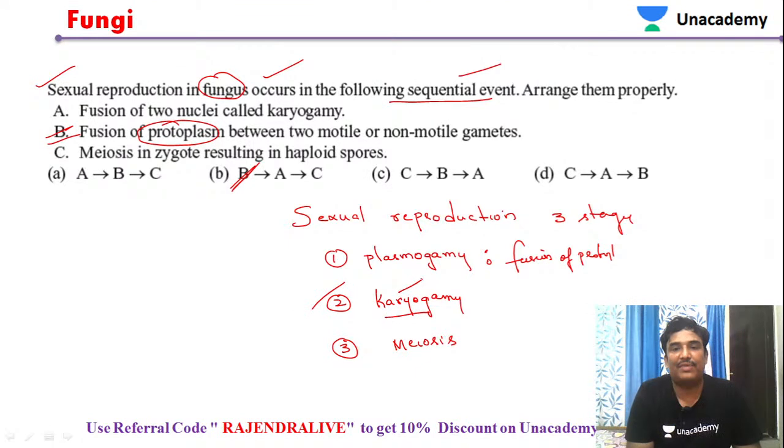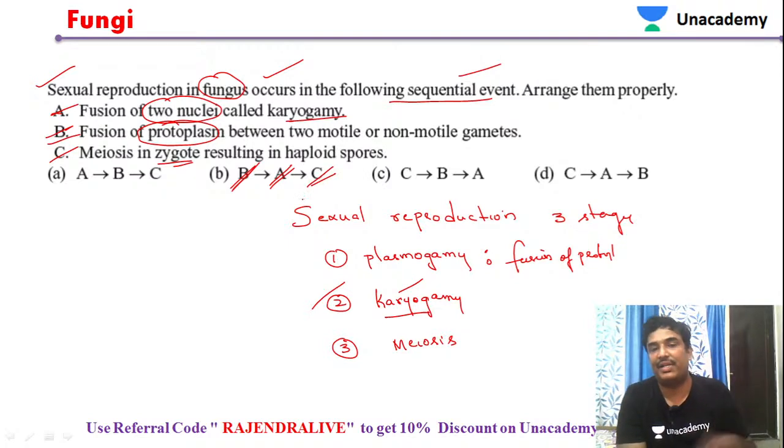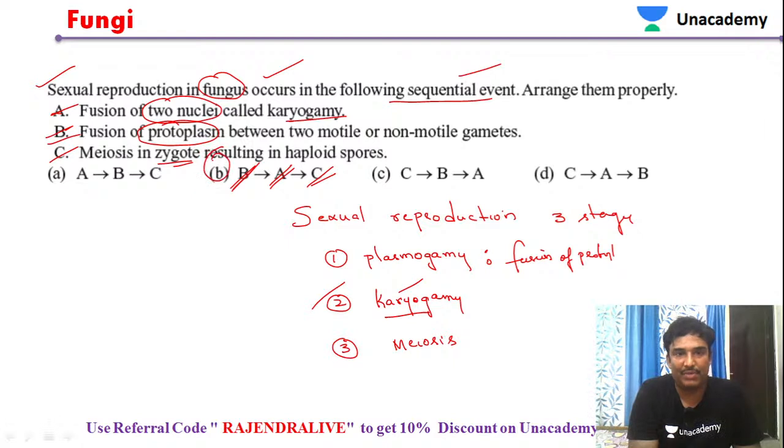Karyon means nucleus, so fusion of 2 nuclei is called karyogamy. After that, meiosis takes place, and finally it leads to formation of the zygote. So these are the 3 major steps, and option B will be the answer in this case.